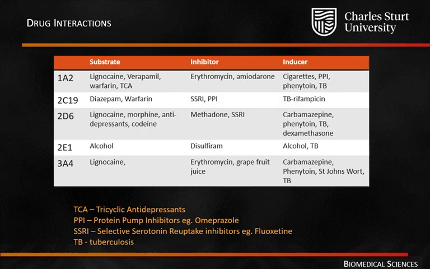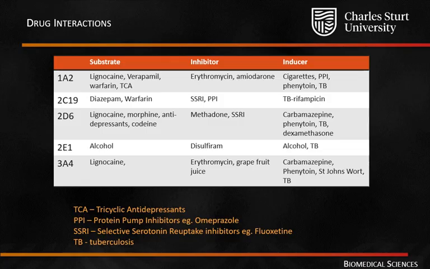So this is an inhibitor of an enzyme. Erythromycin is a classic example of a CYP inhibitor, and it's an antibiotic that could be used. You'll also notice that grapefruit juice is also an inhibitor of the cytochrome 3A4 family. So this actually becomes an important drug interaction that can occur through this cytochrome family.